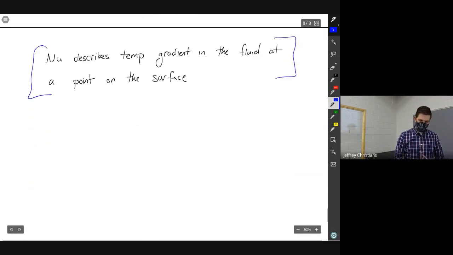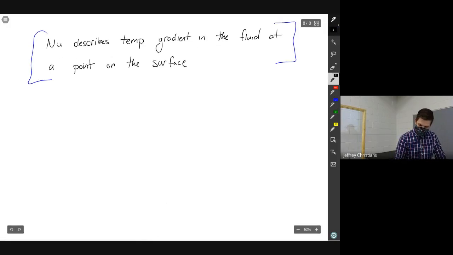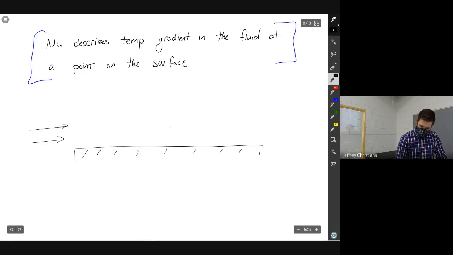So I'll write some of the basics of this out now. Again, I'll go back and draw the same picture. I know we're getting sick of drawing this picture. So T infinity, U infinity.